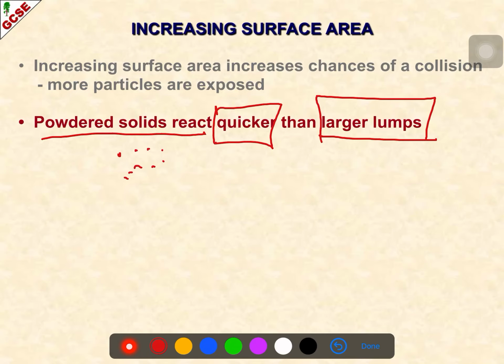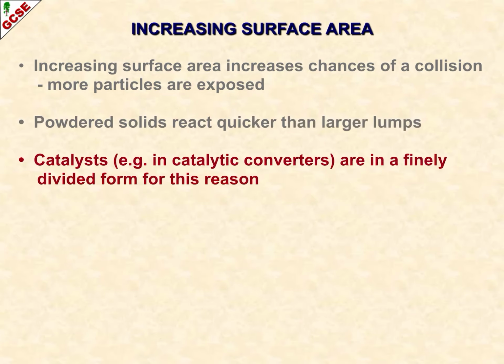When you have a powder compared to a big chunk of reactant, you will definitely have an increased rate of reaction, because the particles here are exposed compared to this one.